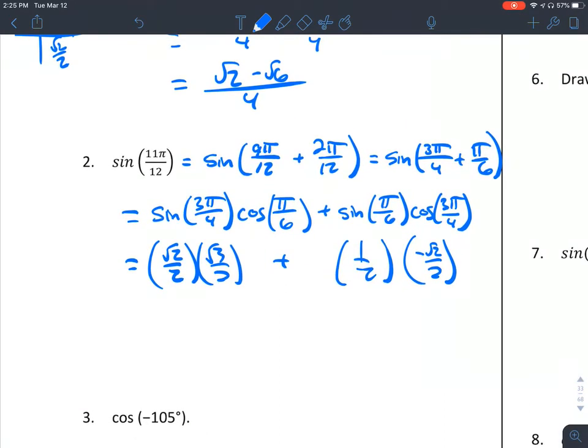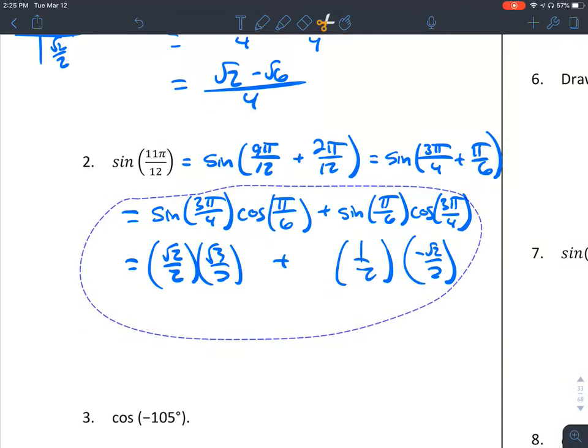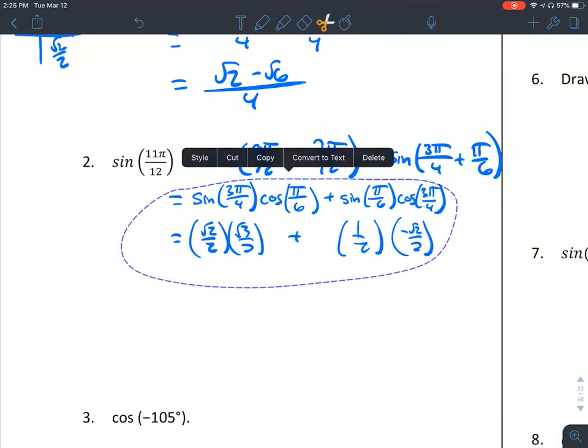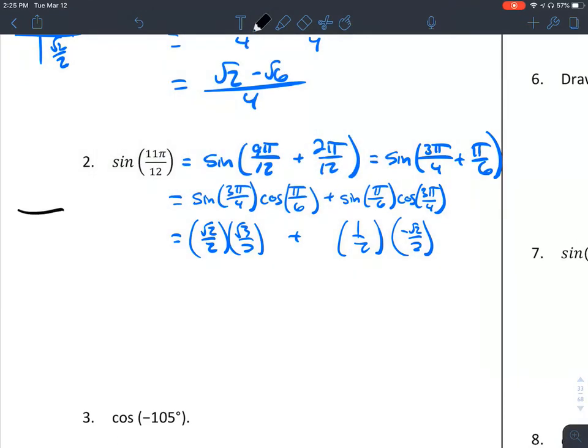Just a quick reminder, I feel like I'm writing way too large for this. That pi over 6 makes this a 30, 60, 90. So this is the short leg, this is the long leg, this is the hypotenuse.